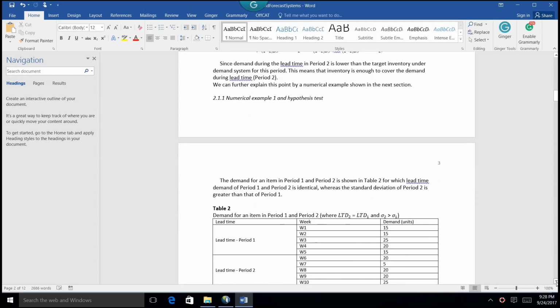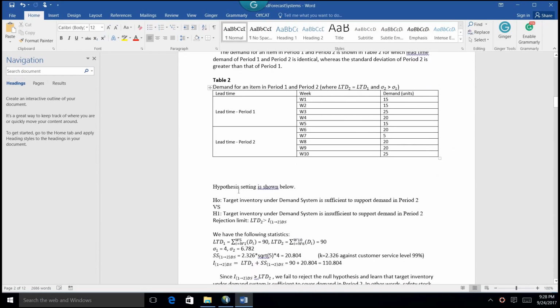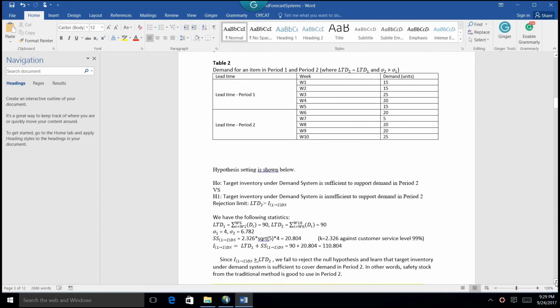Let's have some numerical example. For period 1 we have some demand, and for period 2 we have some demand as well, and we have set some hypothesis. The null hypothesis says the target inventory under the demand system is sufficient to support demand for period 2. In other words, your inventory should be enough to support at least demand for period 2.